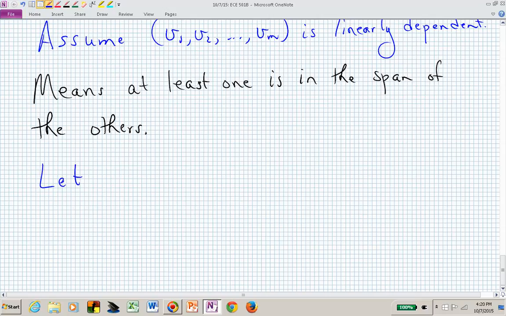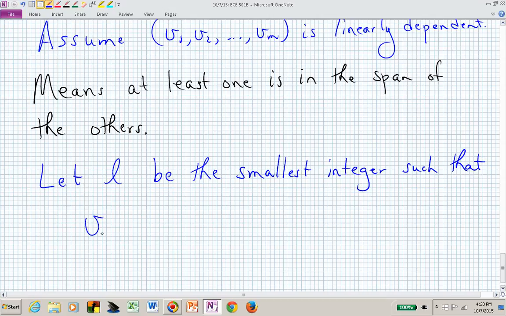So now let's let this index l, that's a lowercase l, let l be the smallest integer such that the vector v sub l, so l is obviously between 1 and m, such that v sub l is in the span of v1, v2, through v sub l minus 1.